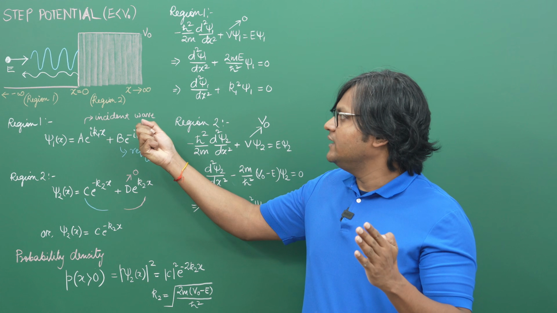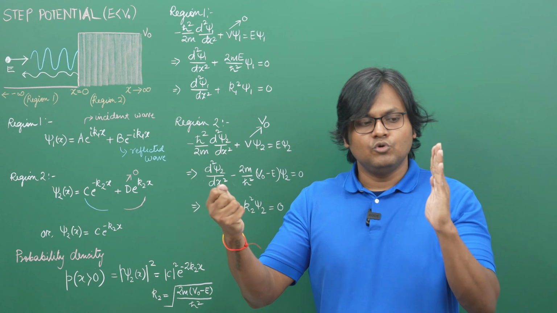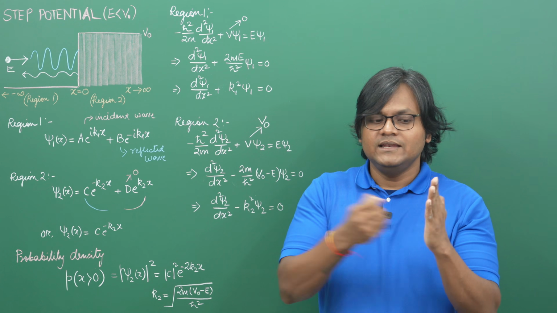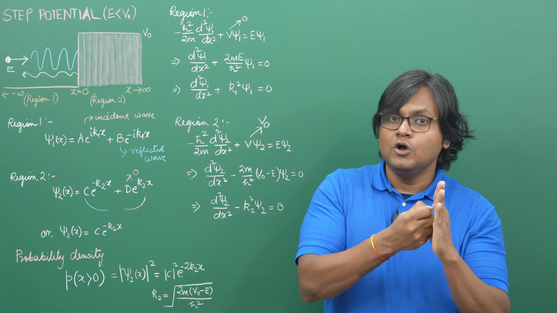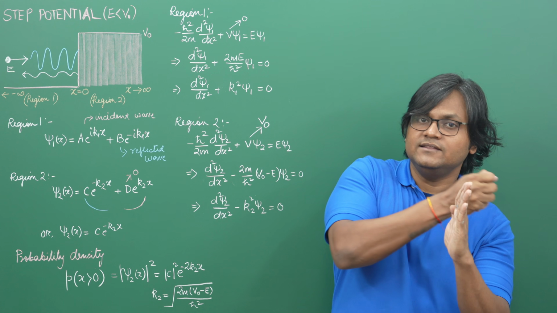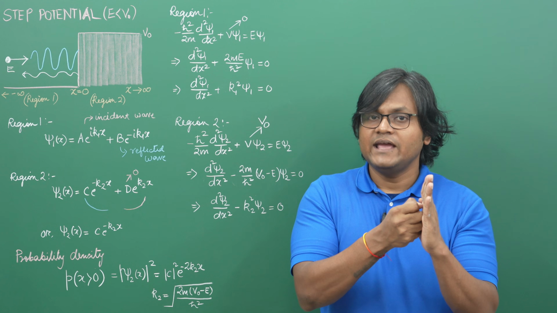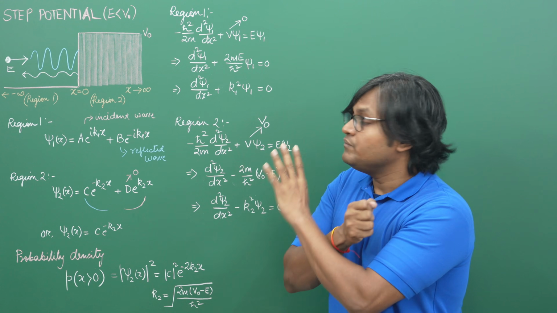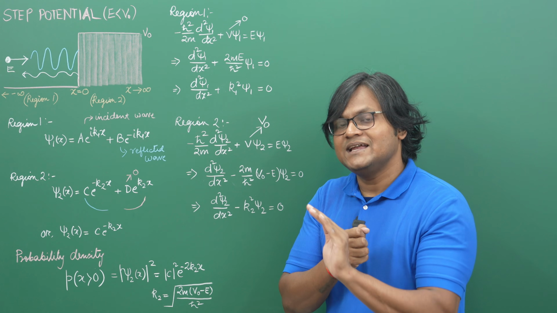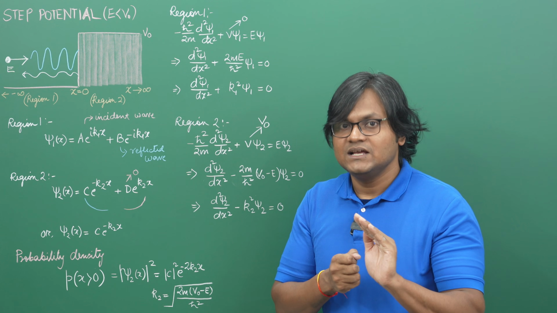But in the quantum mechanical case, if an electron is approaching a potential barrier, then even if the electron doesn't have sufficient energy, it has a certain likelihood of being found inside the barrier. It has a certain likelihood of penetrating through the barrier. This is something very unique in quantum mechanics that is not allowed in classical physics at all.